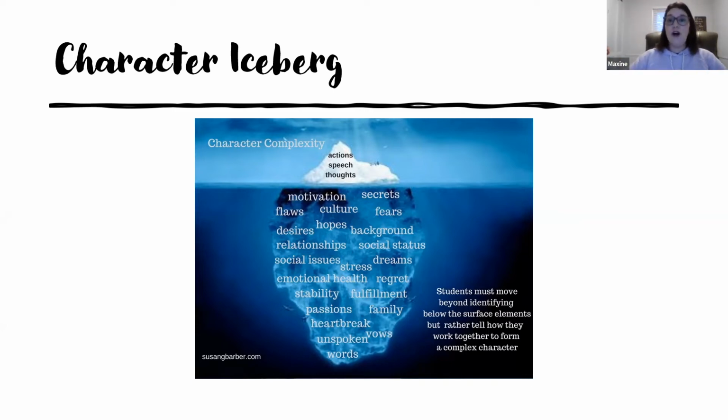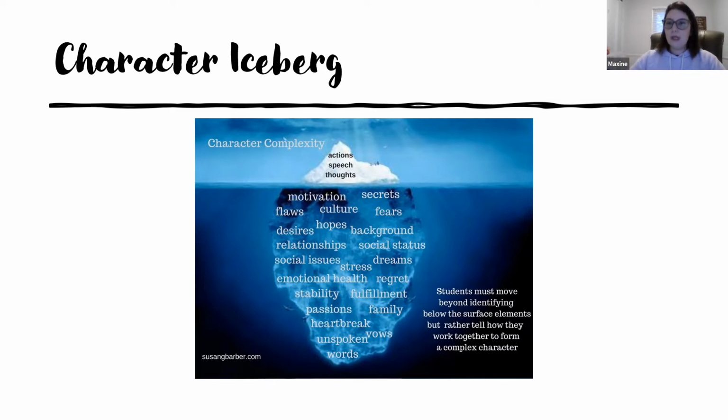On top of the iceberg, we have a character's actions, their speech, and their thoughts. Below, you can see all of the things that may drive those actions, speech, and thoughts. For example, their motivations, their fears, their family, their relationships, their social status: all of those things are the underlying drivers of who a person is.